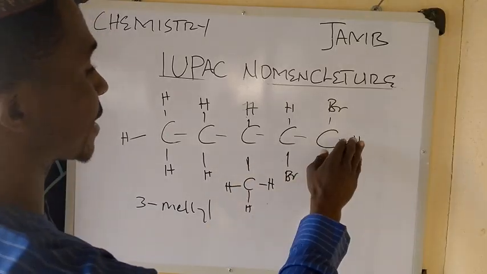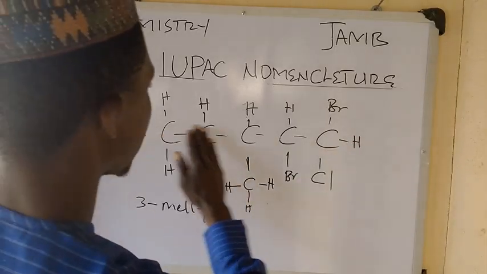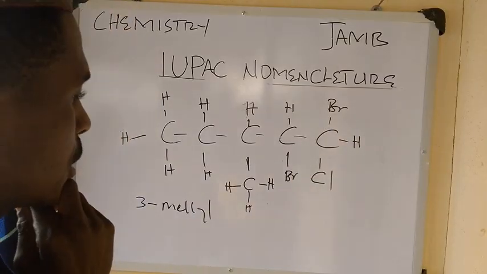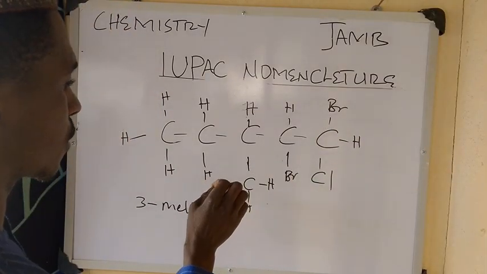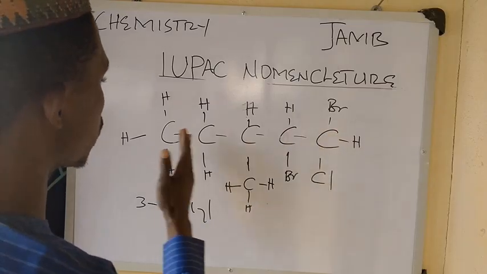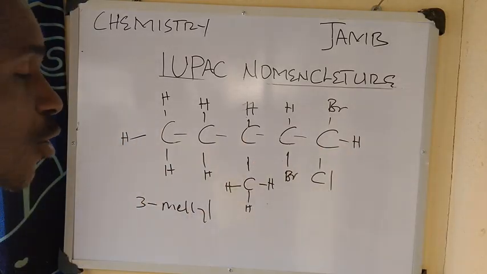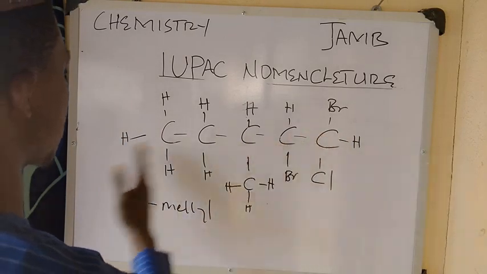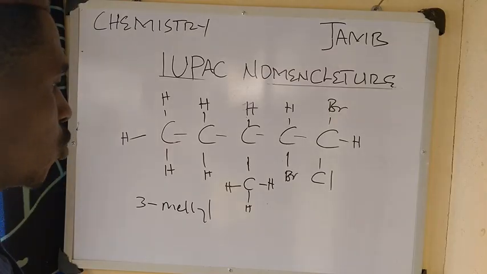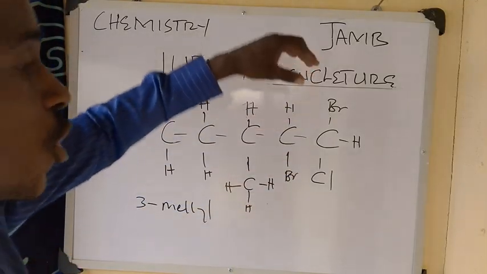Can you see that either going like this or like this is the longest? So from left to right is my longest, or from right to left is my longest. That's good.